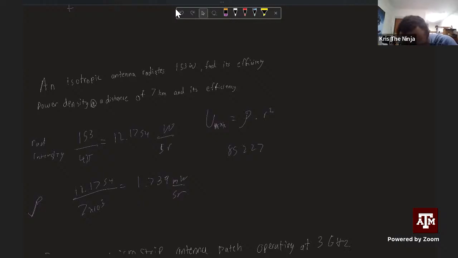For gain, you have U theta phi, which is 4 pi U max divided by Pn over 4 pi. You end up with the 4 pi multiplied in because you multiply by the reciprocal. So you have 4 pi U max over Pn.